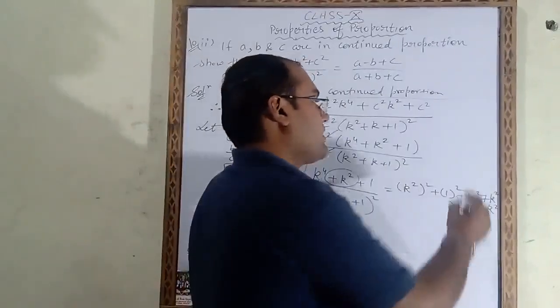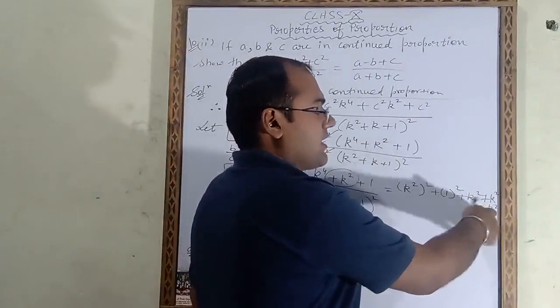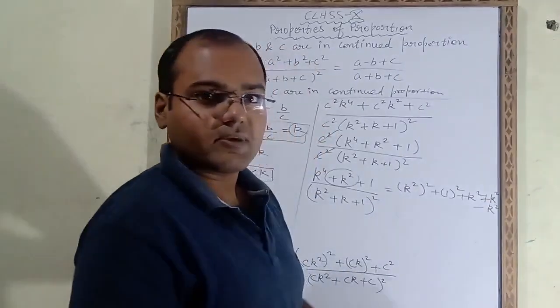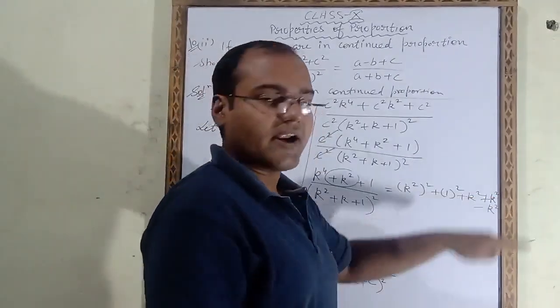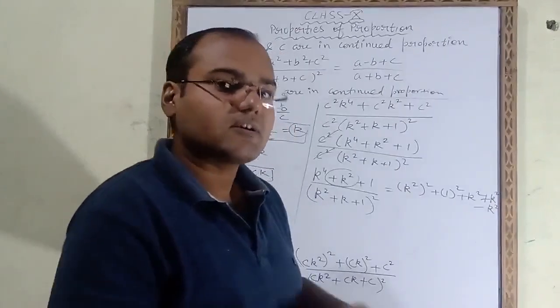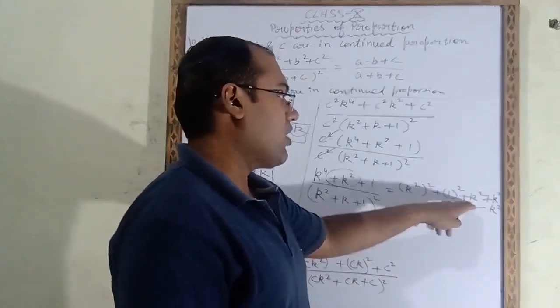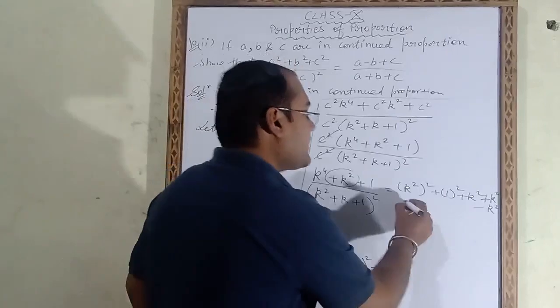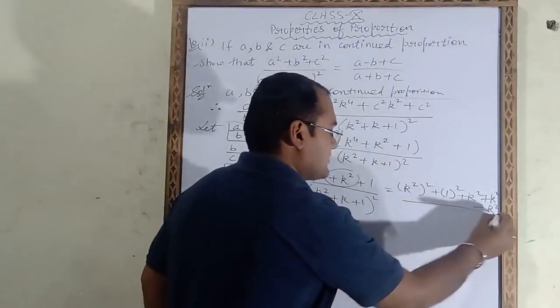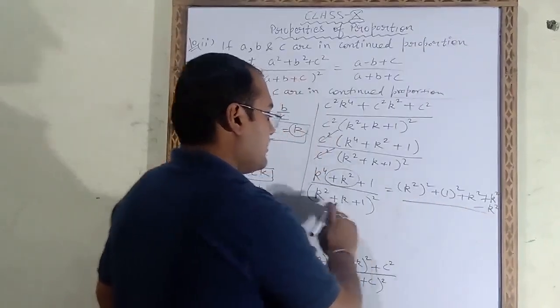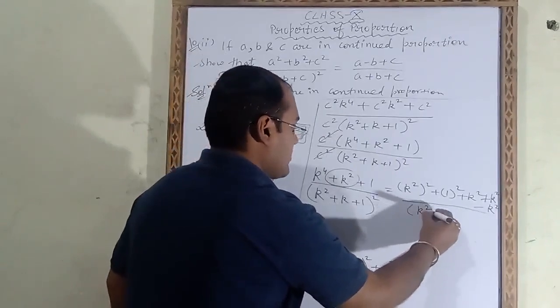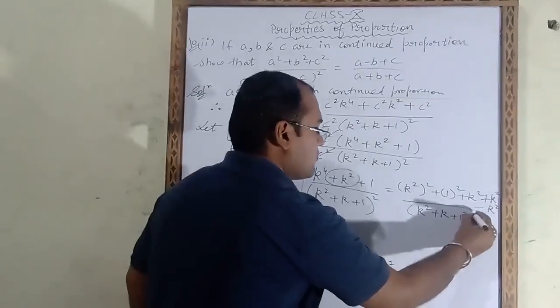That means plus k square and minus k square. Meaning will remain same because one number we had added and same number we had subtracted also. So now we will add these two. Denominator we will write as it is. Denominator is k square plus k plus 1 whole square.